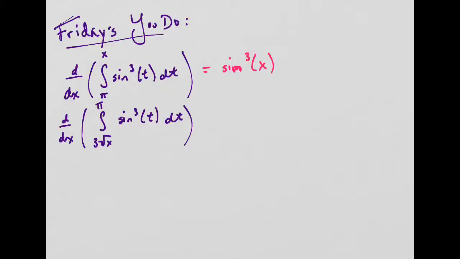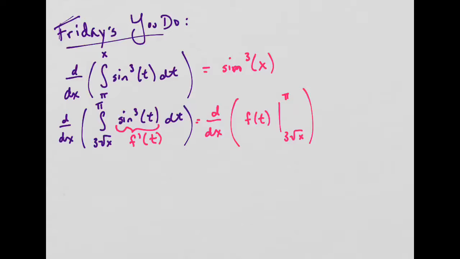So I'm going to call sine cubed t f prime of t. Then when you take the antiderivative of this, you are going to have f of t from 3 root x to pi.